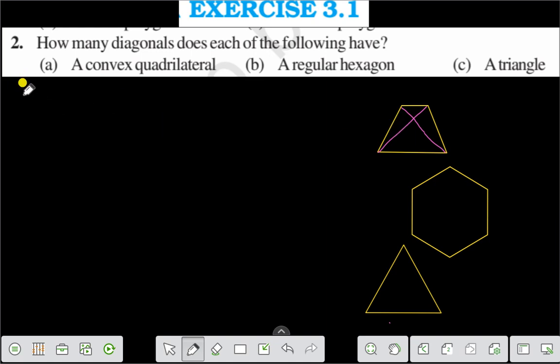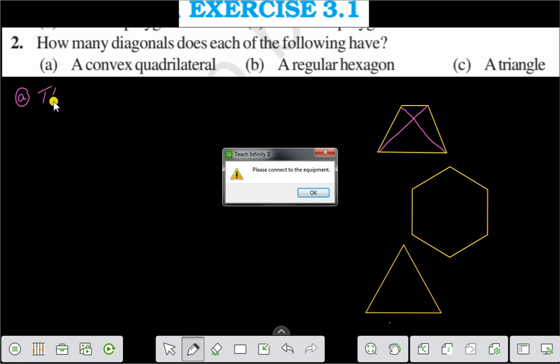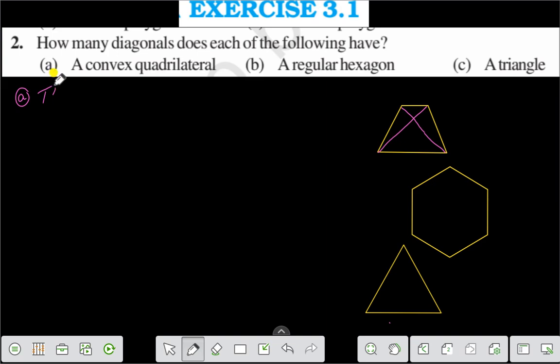We can say that there are two diagonals in a convex quadrilateral.